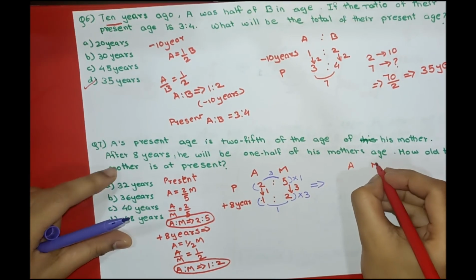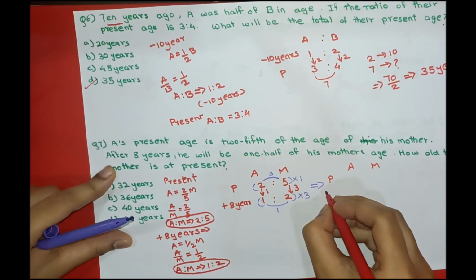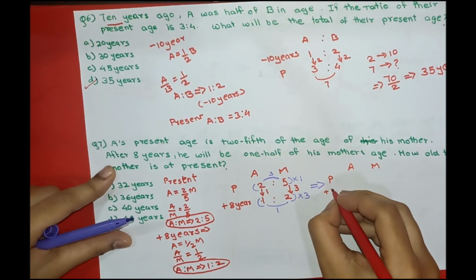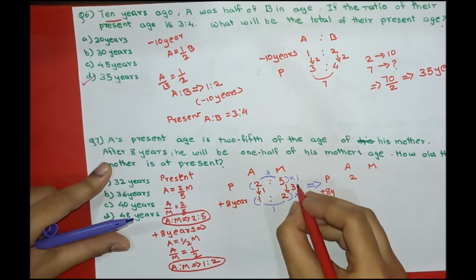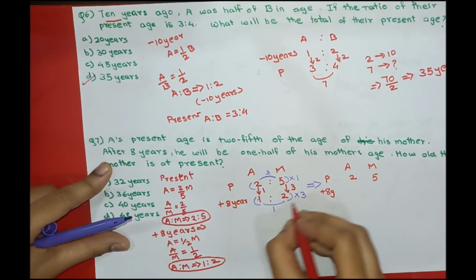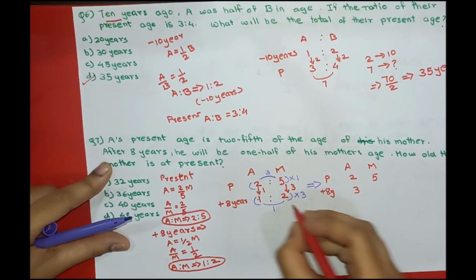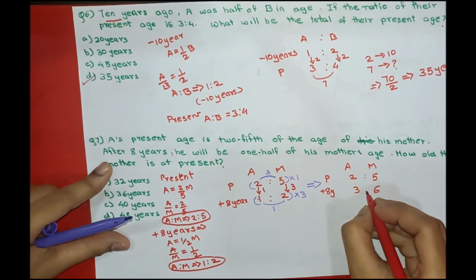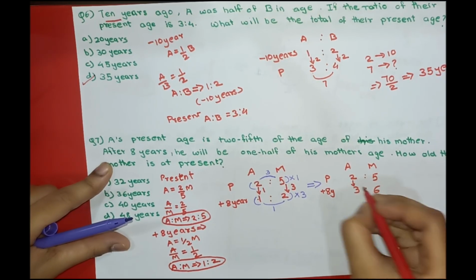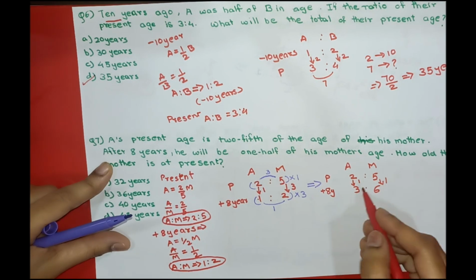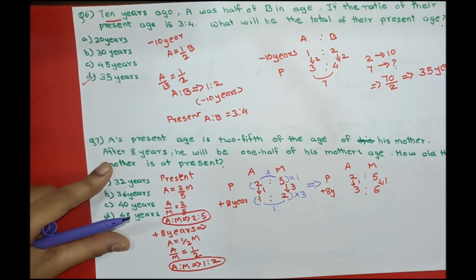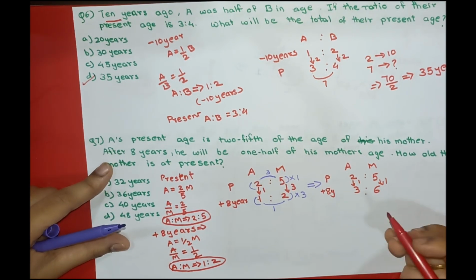So you can write it as, this is A, this is M, this is present age and this is the age 8 years after. So 1 2s are 2, 1 5s are 5, 3 1s are 3 and 3 2s are 6. Now check the difference. Here the difference is 1 and here also the difference is 1. Now as the difference is the same, you can use this value to find out the answer.